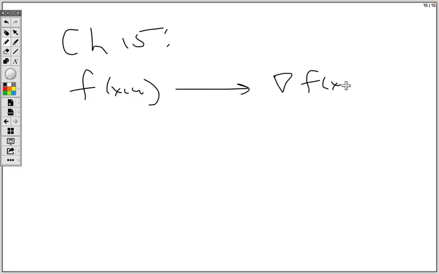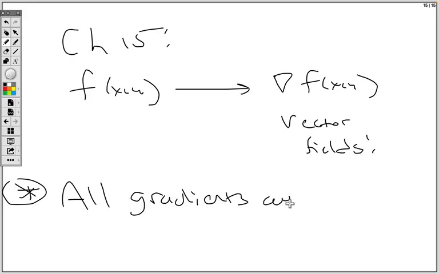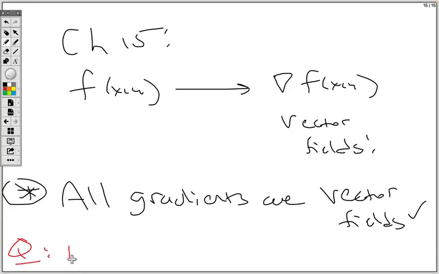So this goes back to chapter 15. We had a function f of x y, and then we went to the gradient of f of x y. So these were actually vector fields. So we've got the following: all gradients are vector fields. A natural question would be, are all vector fields gradients?